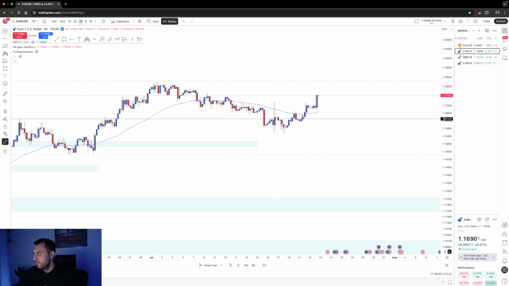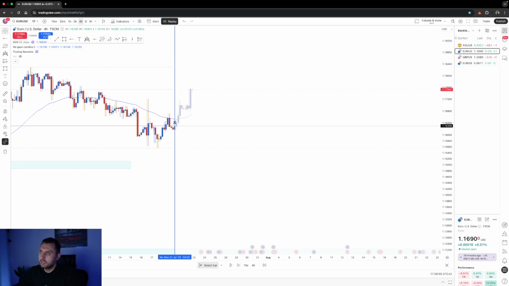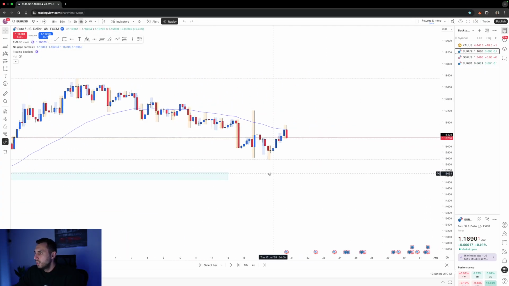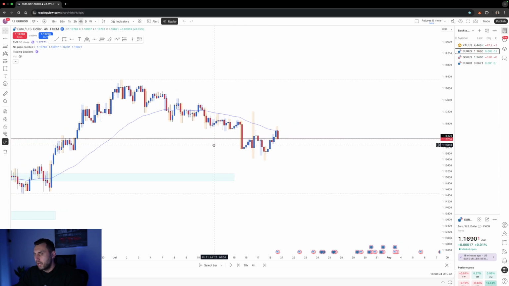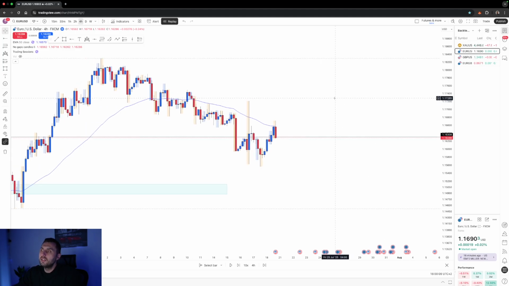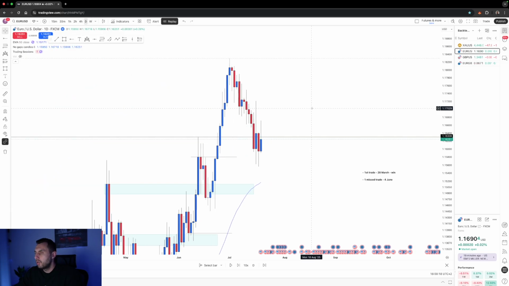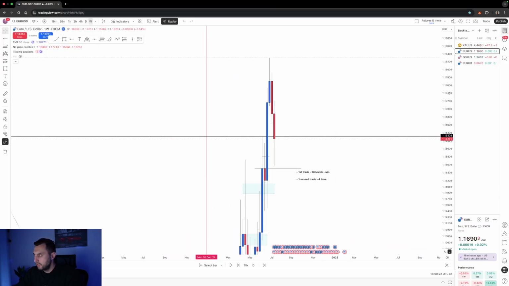4 hour. Yeah, I moved a bit faster because I wanted to see what's happening. But we can see here that we have this zone which I was expecting for the price to push down to create a higher low on weekly, and the price somehow did that, as you can see.